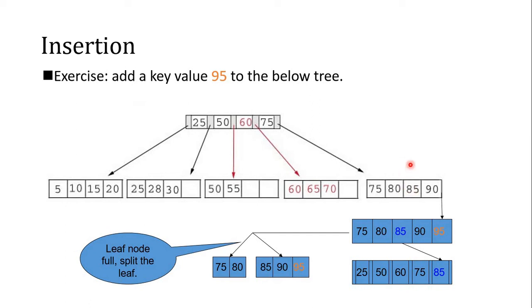As 85 has gone up, the left of 85 is below 85. So 75 and 80 will be on the left side of this node, and on the right side 85, 90 and 95 will be on the right side of 85. But the markup node also needs to be split, because it cannot have 5 values, as there is a maximum limit of 4.